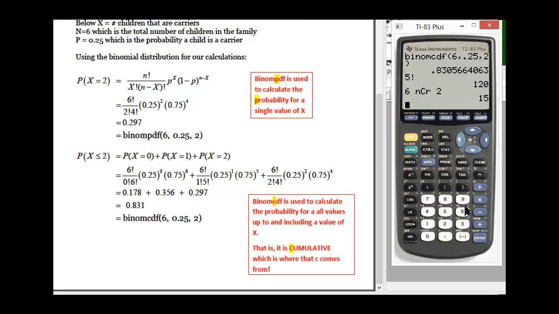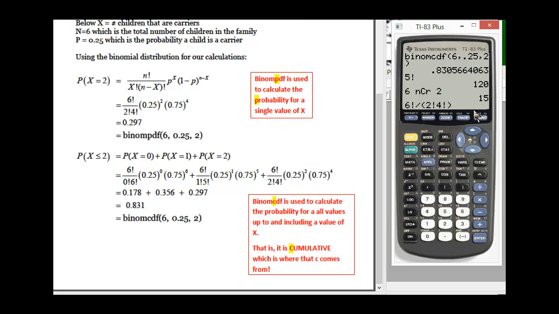And if we want to check that, 6 factorial divided by x factorial on the bottom, and then that's times n minus x, so that was our 4 factorial. That is the quantity that goes in the front of my probability calculation right here.